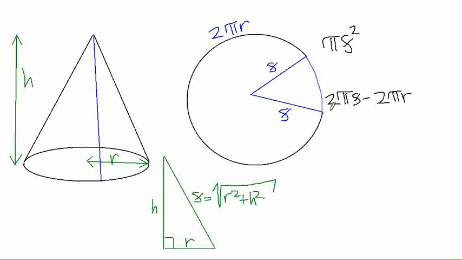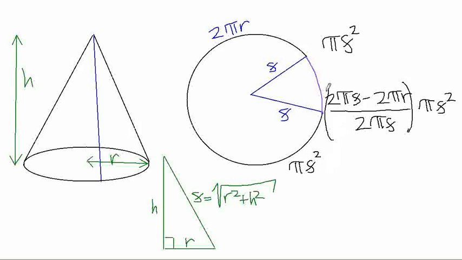And that divided by the total circumference of a circle of radius s, that's the fraction not only of the circumference that purple arc is, it's also the fraction of the area that pizza slice shaped part is. So we're going to take this fraction and multiply it by the total area of a circle of radius s, pi s squared. Now, that whole expression there is what I'm going to subtract from pi s squared, and then I'm going to simplify it. Okay? So, let's go ahead and do that.